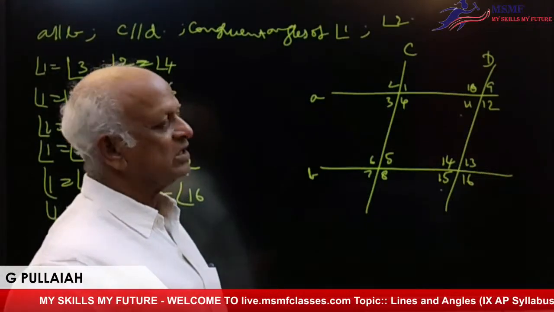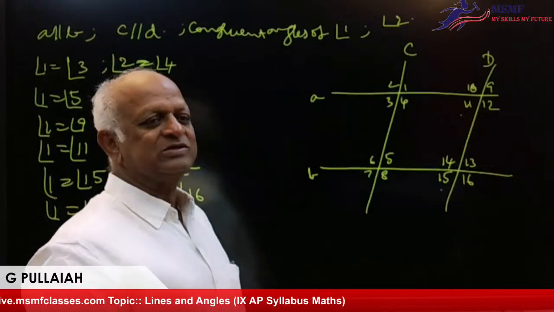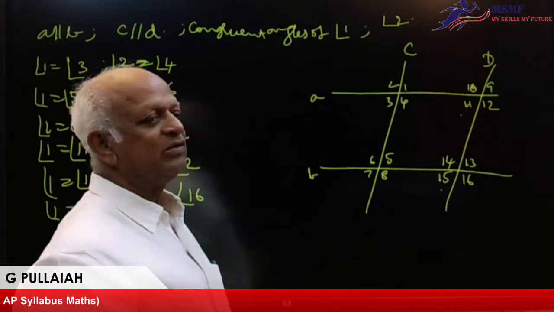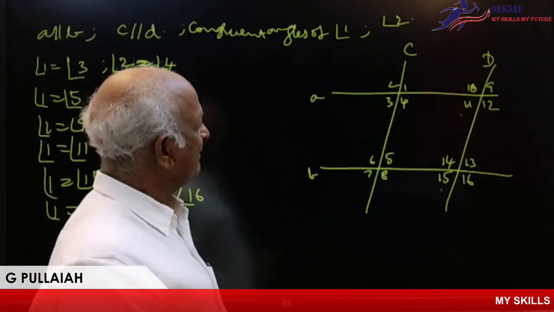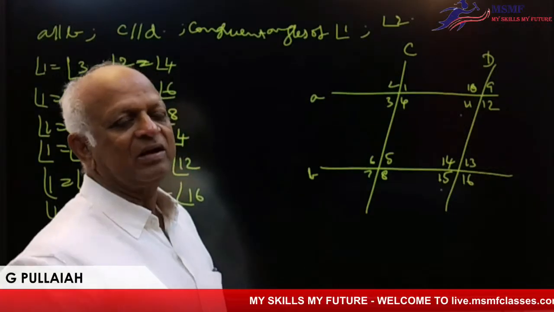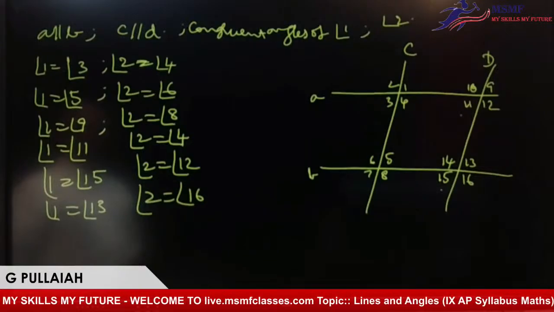Here we are expected to identify corresponding angles, vertically opposite angles, and alternate angles on the same side of the transversal. Okay.